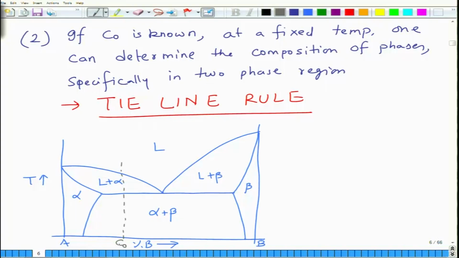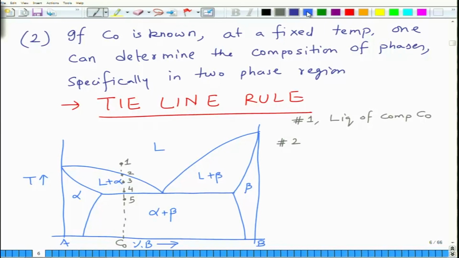Okay, now of course if you are at this point 1, then it's liquid phase of composition C0. So you have only one phase of composition C0, but what will happen when you enter into this regime, the two phase regime? So what is at this point, what is at this point? So these are, let's say, 0.2, 0.3, 0.4, and then of course you will enter here 0.5. So when you are at 0.2, you can see that you have just entered a two phase region.